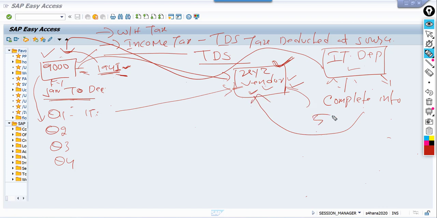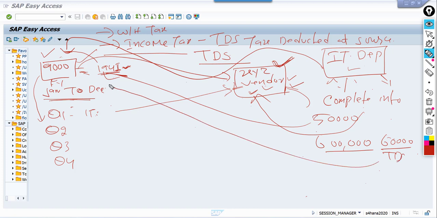So every month 50,000 is paid by this company. So total income is 6 lakhs. On the 6 lakhs, if I say 10%, 60,000 is deposited by this company towards TDS.